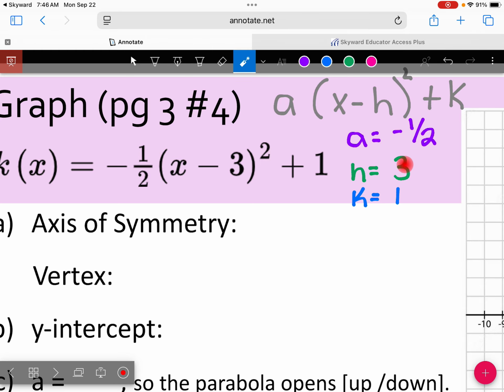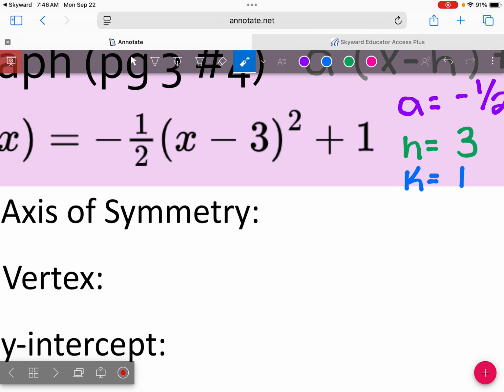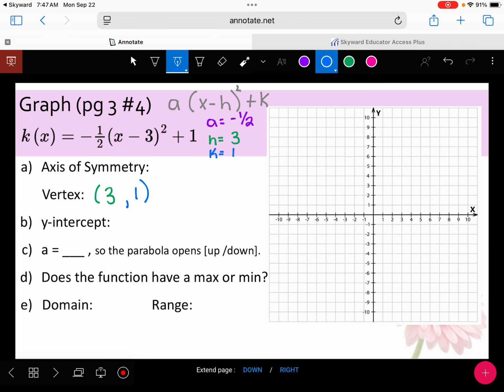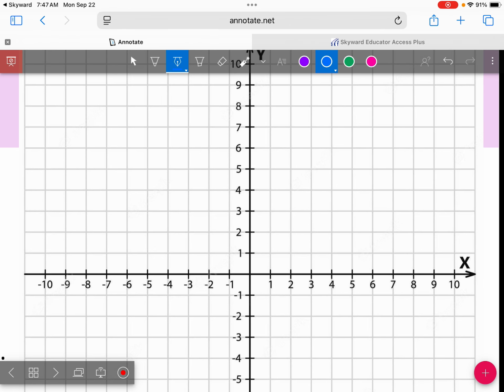This was the middle on our table when we do our absolute values. It's the middle on our table for parabolas. That gives us our vertex, 3, 1. So I know the middle of my graph is going to happen at 3, 1.